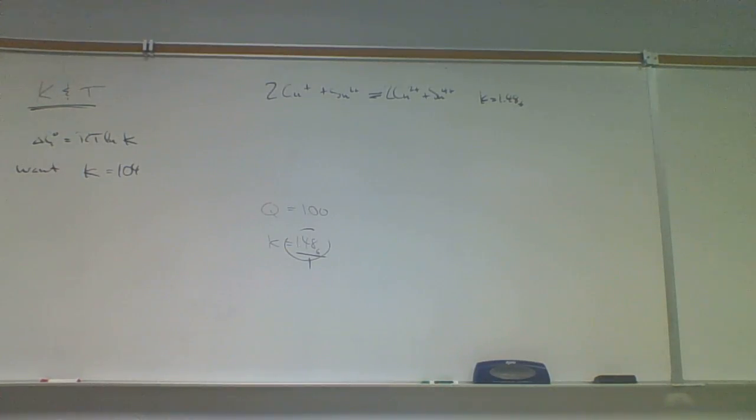How could we possibly get more? Well, K depends on temperature. Maybe I could do that, just figure it out. Although I don't have my delta G naught data from this one, shoot. Or my delta H, because copper, was copper 1 in the appendix D?